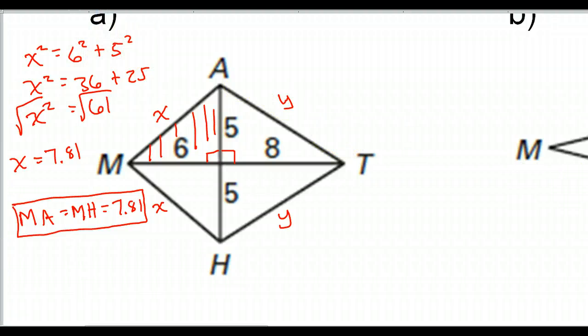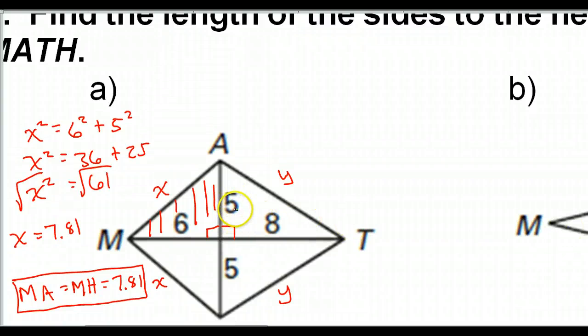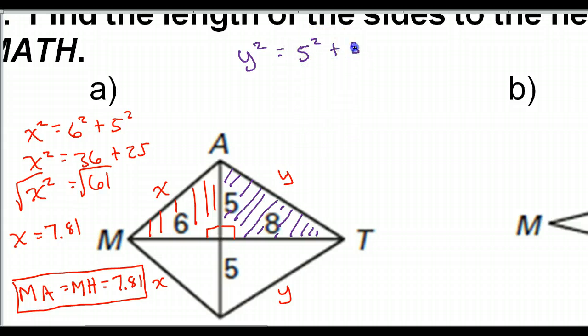Alright, for AT, now I'm talking about this triangle right here. Looking at the triangle I just shaded in purple, Y squared equals 5 squared plus 8 squared. Y squared equals 25 plus 64. That's 89.